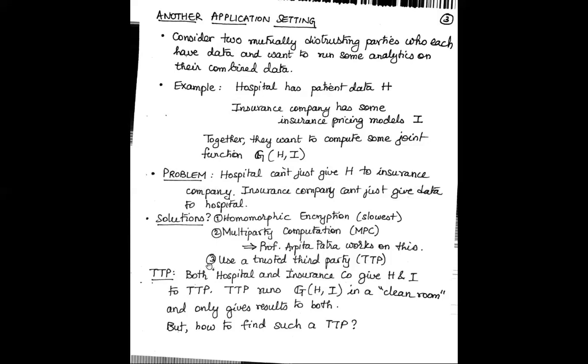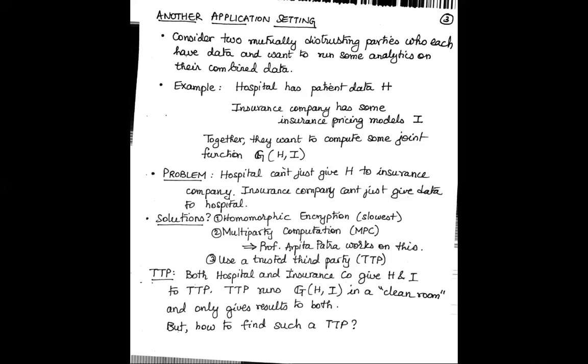And there's a third way, which is to use a trusted third party, or a TTP, as I will call it for short. In a TTP-based solution, both the hospital and the insurance company would give both H as well as I to this trusted third party. The trusted third party would run the computation G of H, I in a very special way.